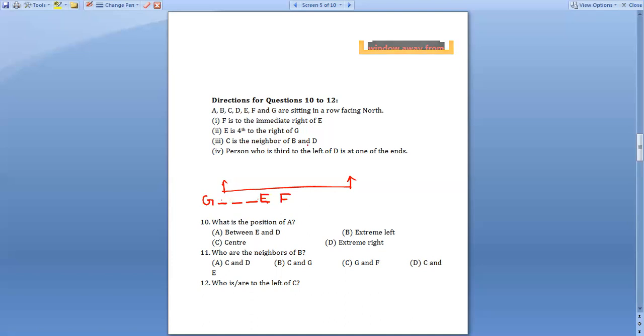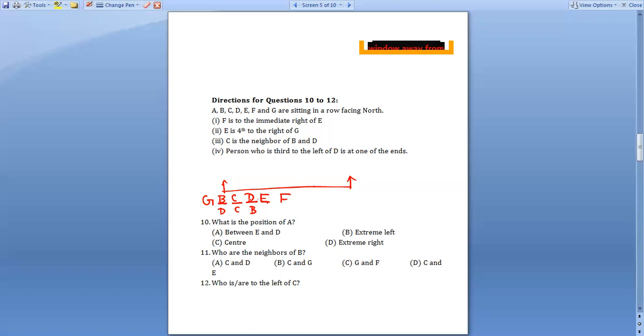So C is neighbor of both B and D. So it's BCD or DCB. Okay, let's just figure it out. Now, fourth, person who is third to the left of D is at one of the ends.